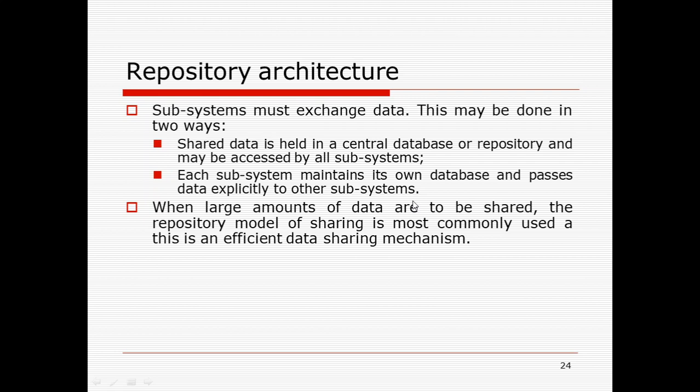So when sharing or passing of data becomes essential in the system, meaning the exchange of data is widely used, this repository architecture pattern is suitable.